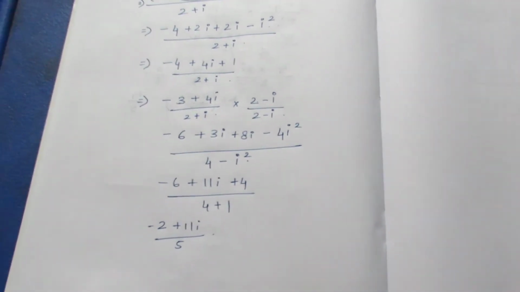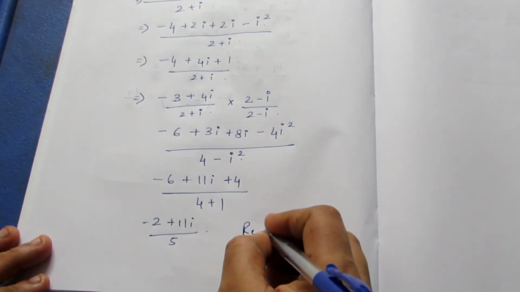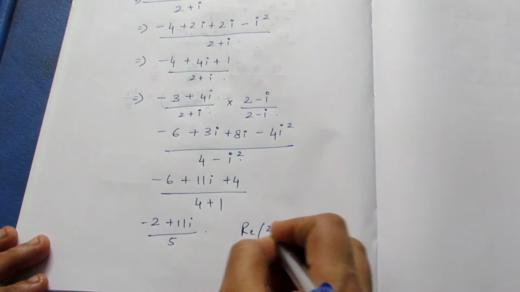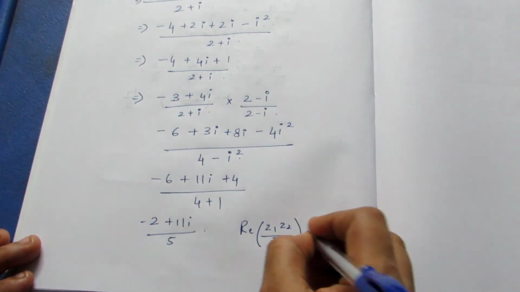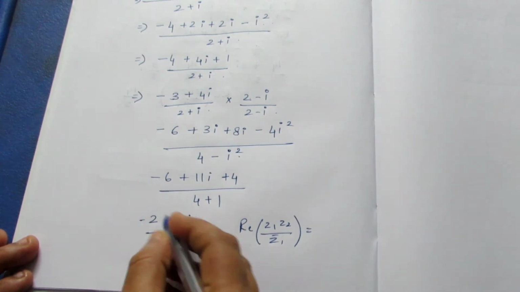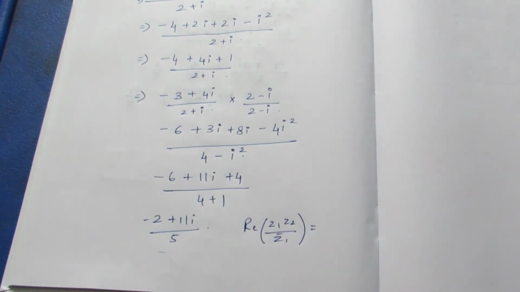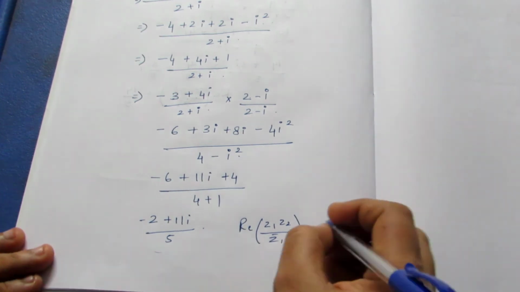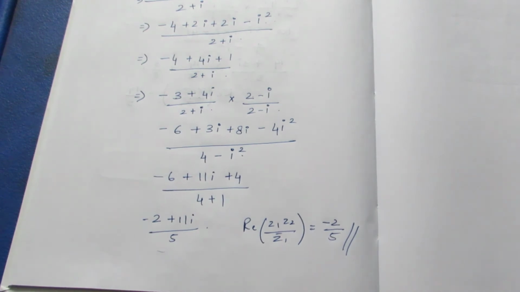We want only the real part. So the real part of z1 z2 by the conjugate of z1 is equal to, here take only the real part. While taking, we need to take it with the denominator. Remember that we need to give the answer with the denominator. This is your final answer for this first subdivision. We'll move on to the next.